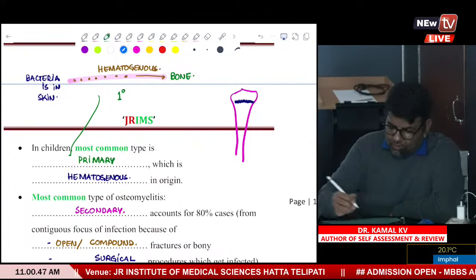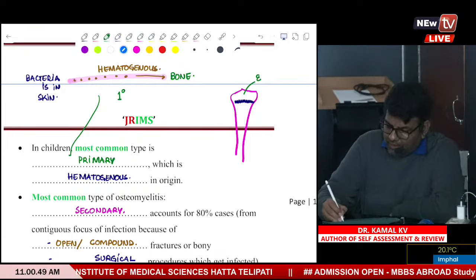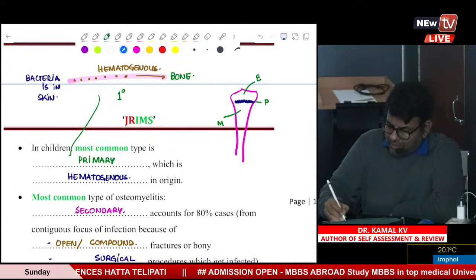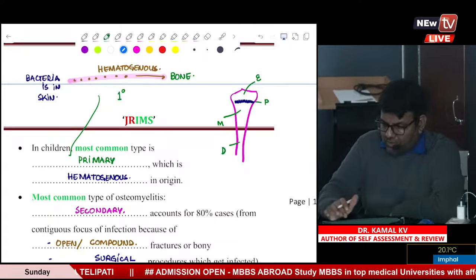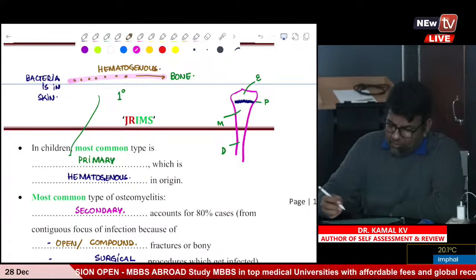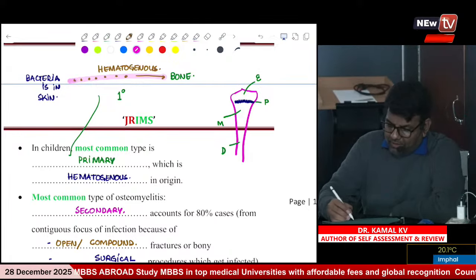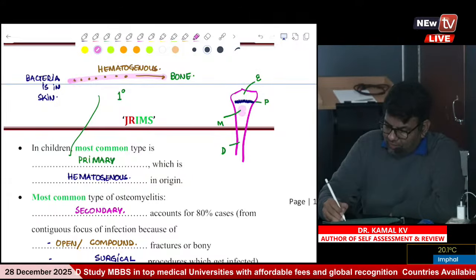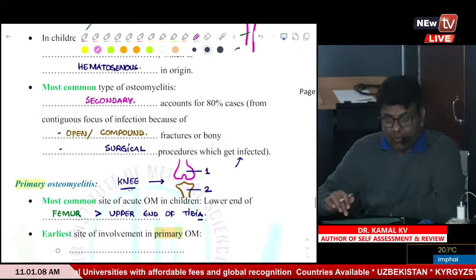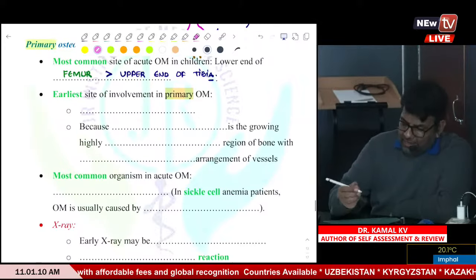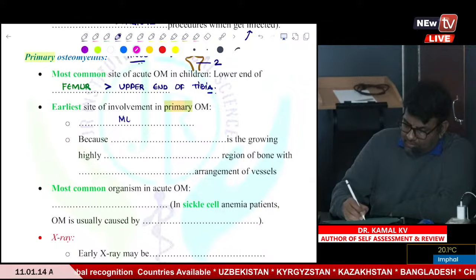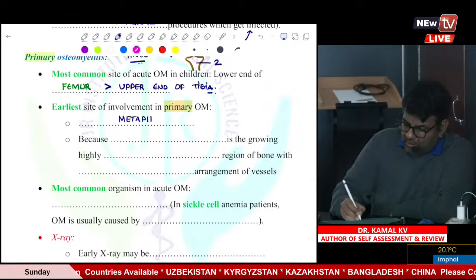So this is epiphysis, this is physis, this is metaphysis, and this is diaphysis. So out of the four, which one is commoner? Yes, so bacteria will reach here first. So metaphysis is the commonest location or site in primary osteomyelitis.